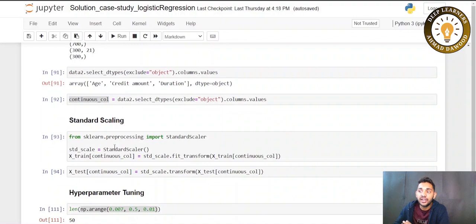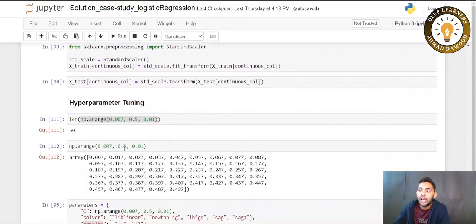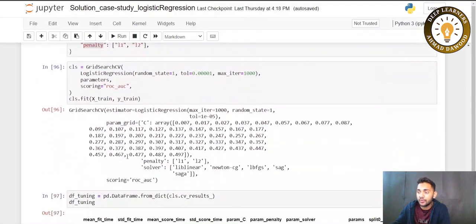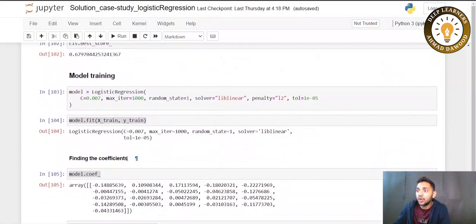Then we did standard scaling to bring all the continuous features to the same scale, while the categorical features are already in the form of 0 and 1. Then we did hyperparameter tuning to get the best parameter values for the logistic regression model. Then we trained our model.